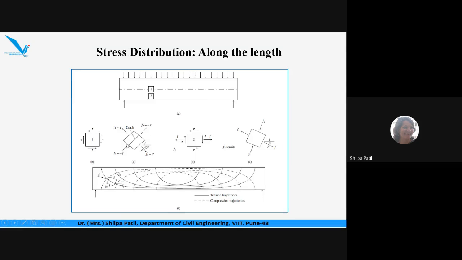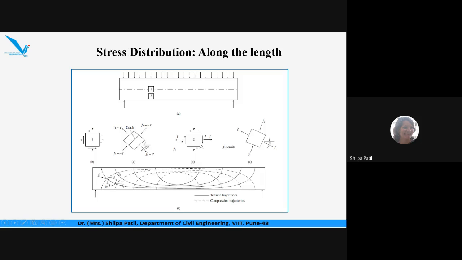Now, the combined effect of this shear stress and bending stress: when a crack is formed, the crack will not be at a 45-degree angle because there is no pure shear acting on that element, but along with shear, there is some bending stress also acting on the element.